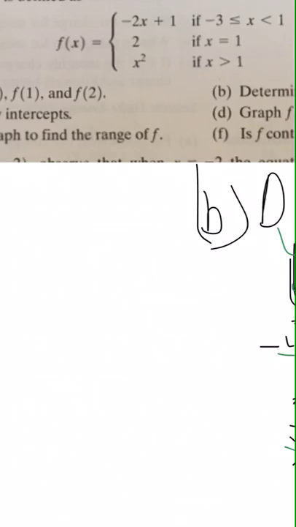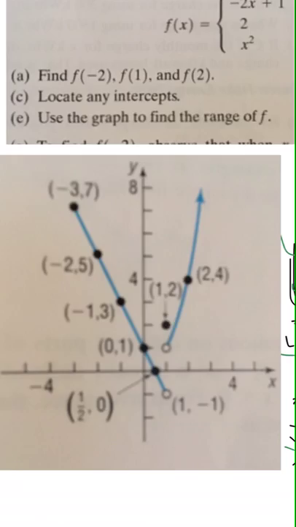Alright, for part D, where it says graph f, here'd be a picture of the graph. If you notice, this linear part here is the negative 2x plus 1 from negative 3 to 1. This little dot right here, the point 1, 2, that's the second part. It's where the function is equal to 2 and x is equal to 1. And this curved looking part, that's the x squared, ranging from 1 onward.